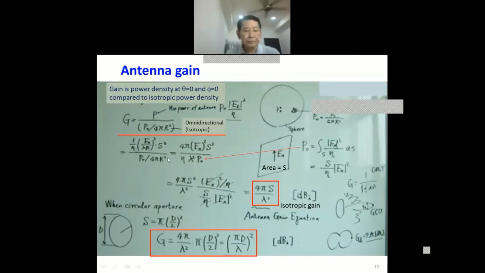And the power density in the sphere is this one. P0 is the original radiated power. This can be calculated from this aperture electric field distribution.